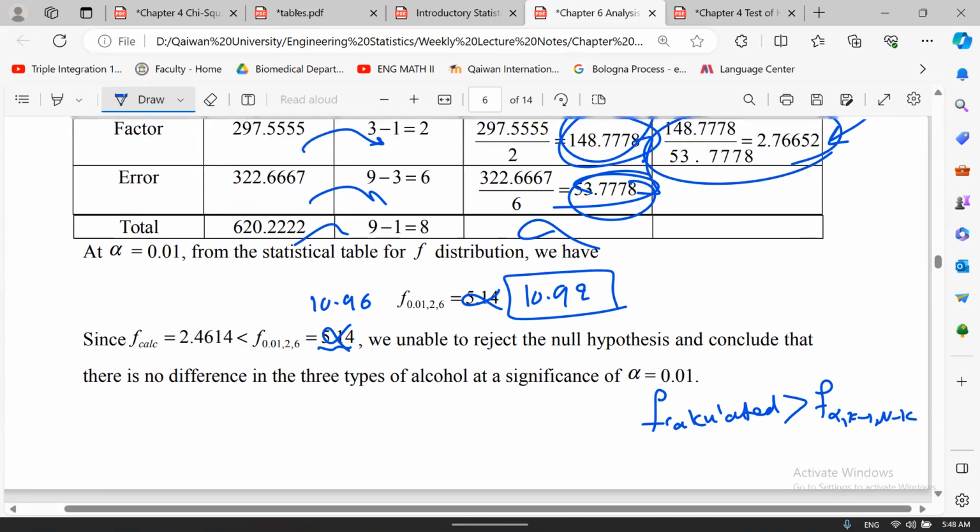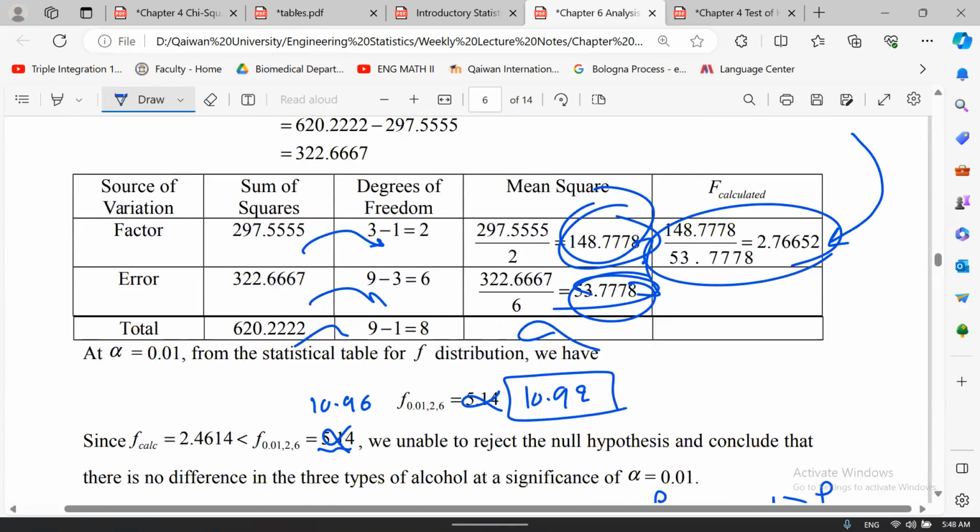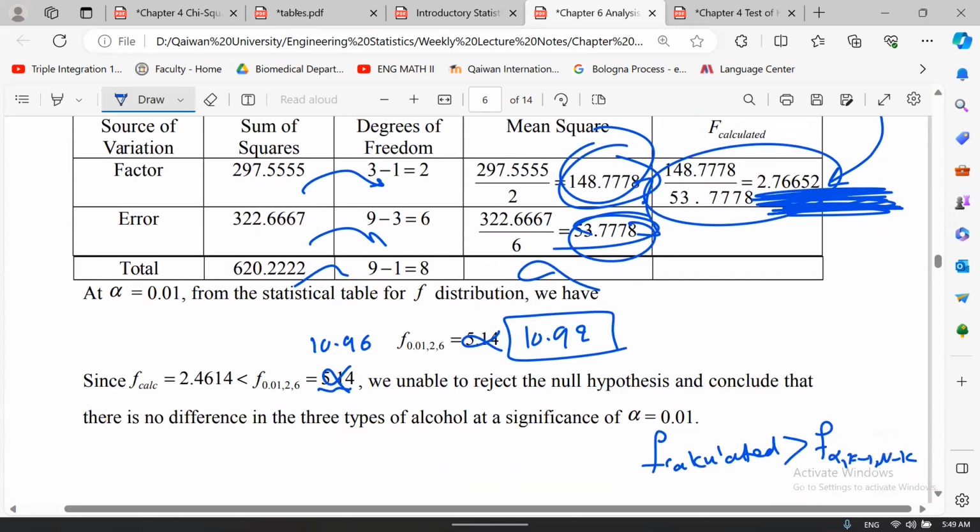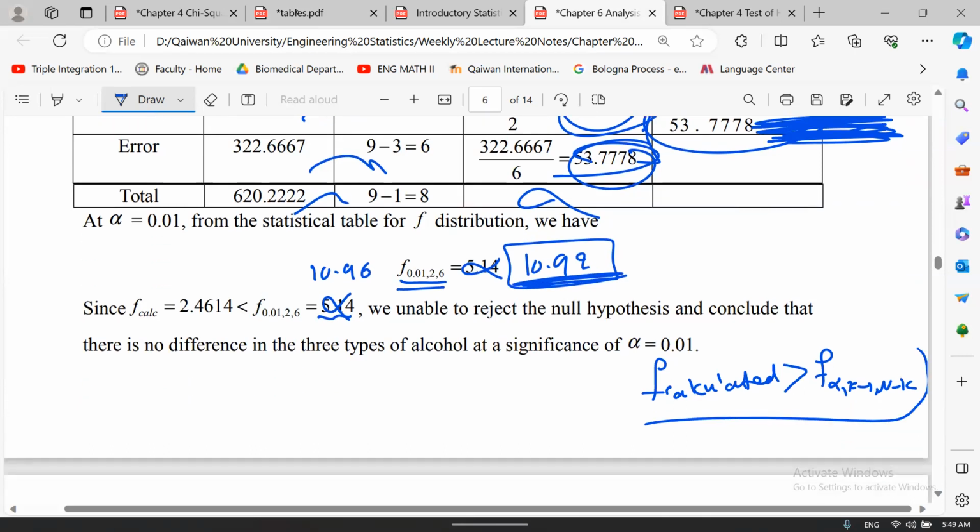Look, we have F calculated or F test, which is 2.76. But F from the table is 10.92. Is this inequality true or not? It's not true because this one is bigger. So we cannot reject the null hypothesis.